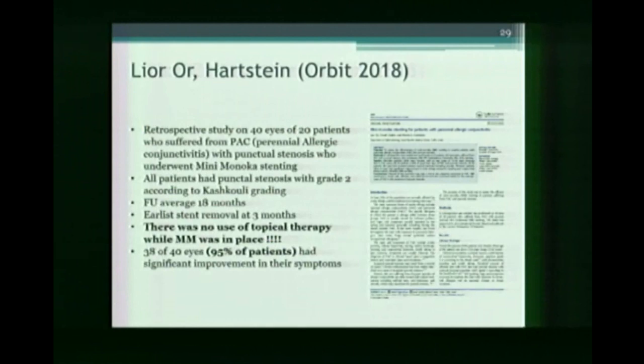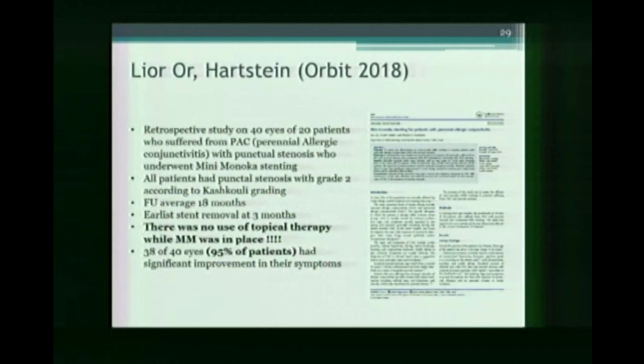They recruited those patients from their clinic, and they did a mini monoca monostent insertion, and followed their patients for almost a year and a half. All patients had grade 2 according to the KKESH grading system, and they reported a 95% success rate in functional improvement.